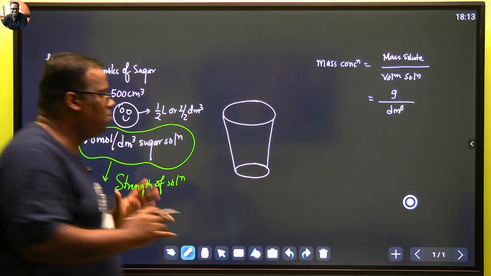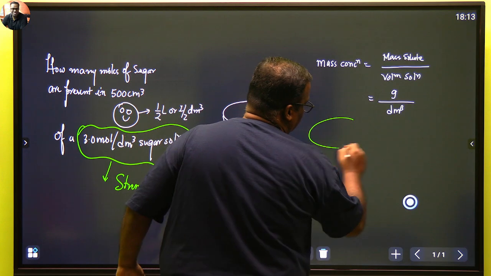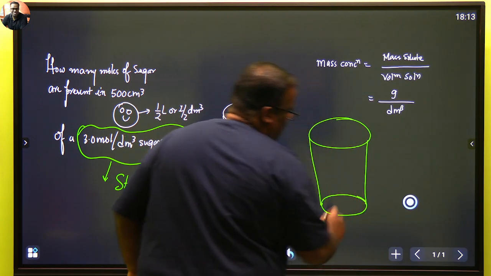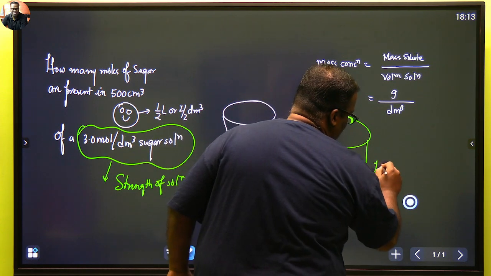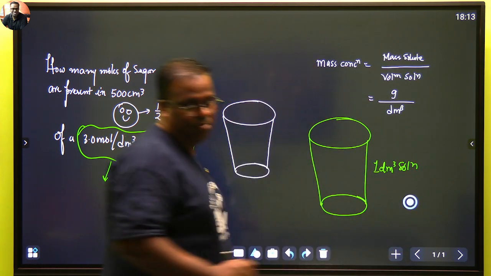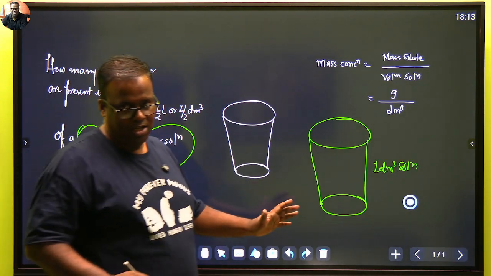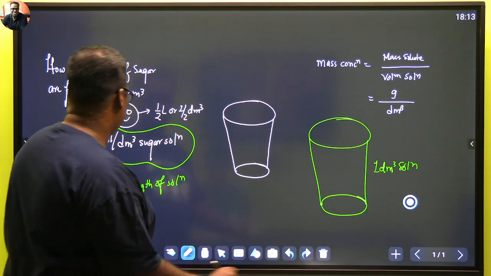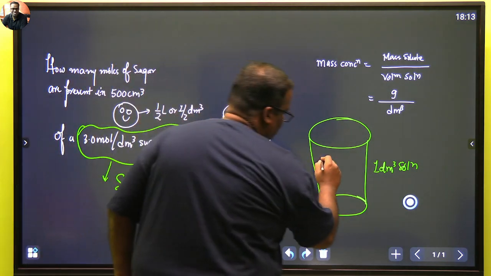So let us look at the master solution that we made. We must have made it in some, say, big bucket. And let's say this bucket holds 1 dm cube solution. Try and understand. In this 1 dm cube, how much sugar was there? 3 moles.